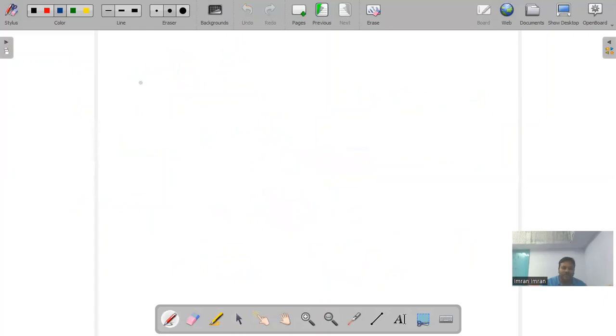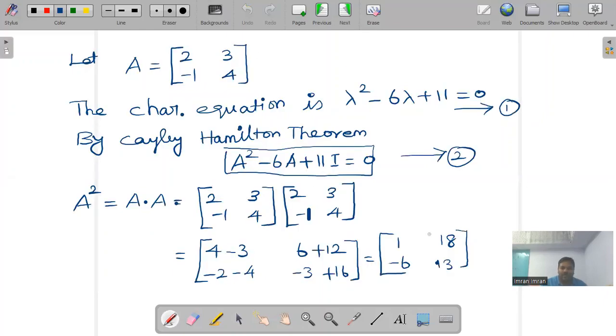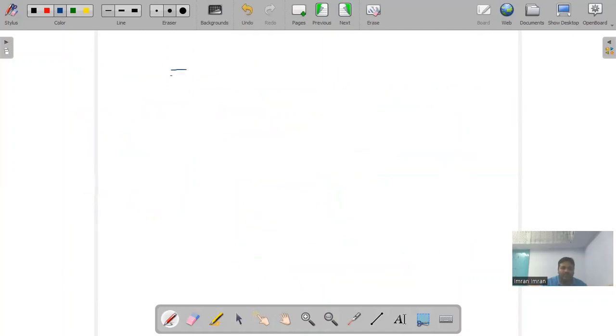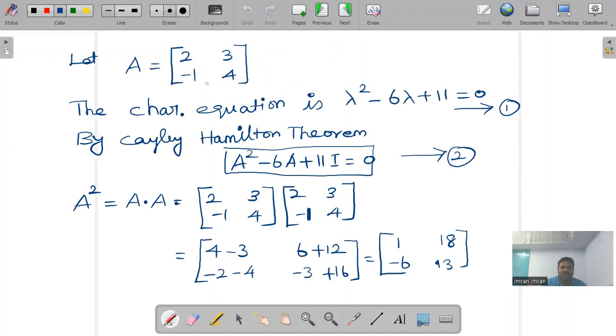So equation number 2 implies A square, which is 1, 18, minus 6, 13, minus 6 into A. What is our A? 2, 3, minus 1, 4.